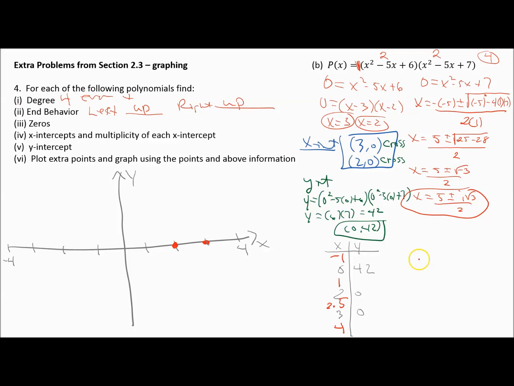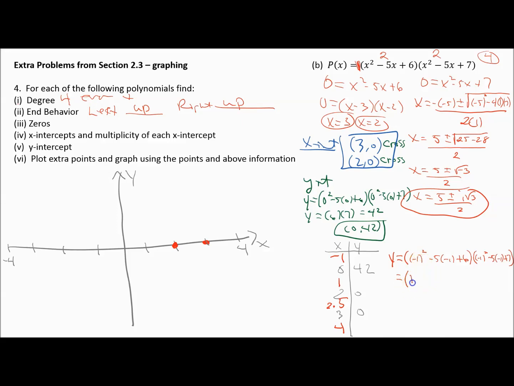Where am I plugging that in? Into that original polynomial. So that's going to be y equals (-1 squared minus 5 times -1 plus 6) times (-1 squared minus 5 times -1 plus 7). It's worth taking the time to get this right, folks.